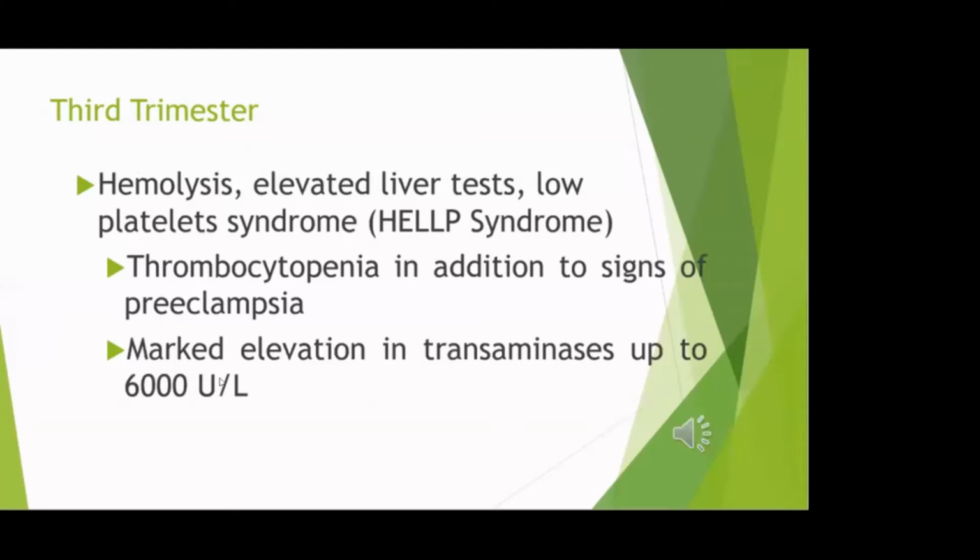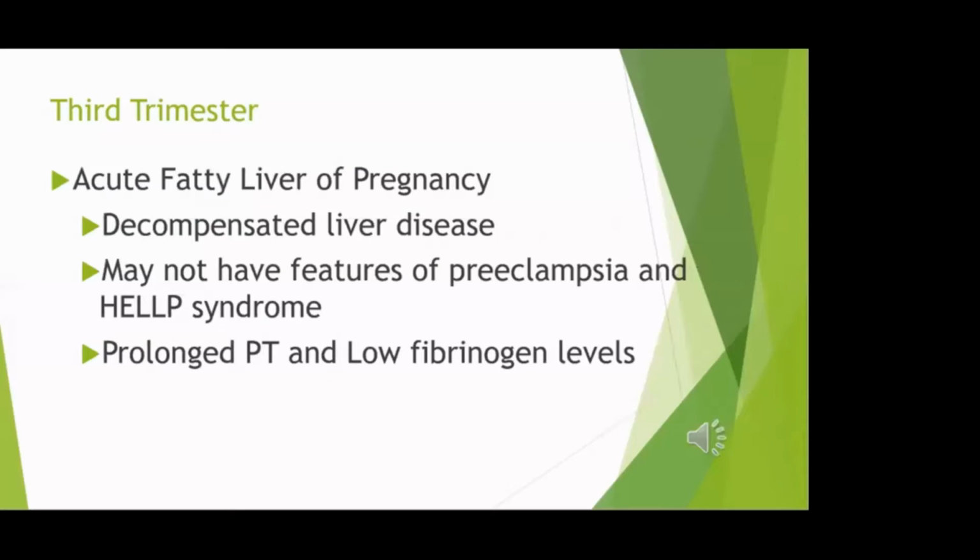In the third trimester, you can also have HELLP syndrome, where you also have thrombocytopenia, in addition to the signs of preeclampsia and marked elevation in transaminases. You can also have acute fatty liver of pregnancy, and it's a decompensated liver disease.